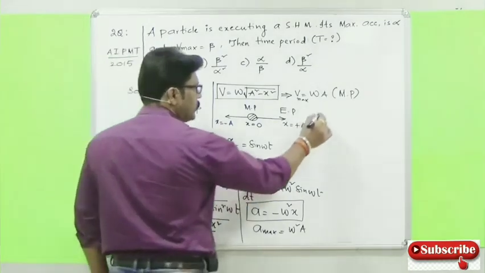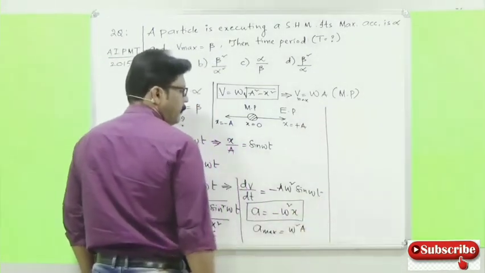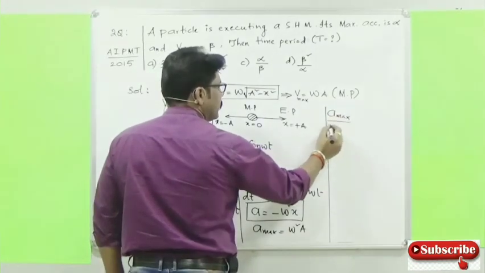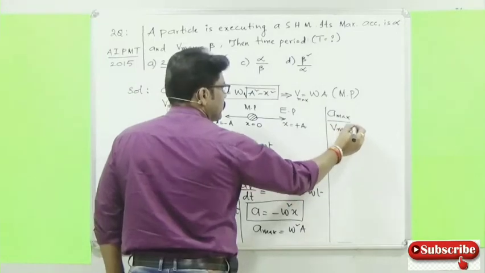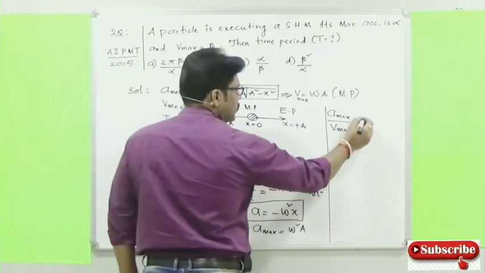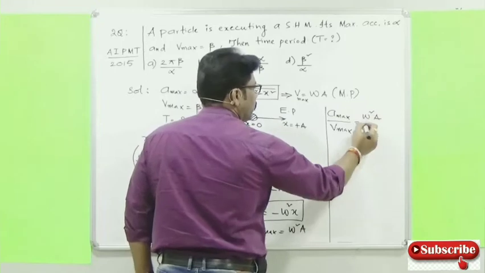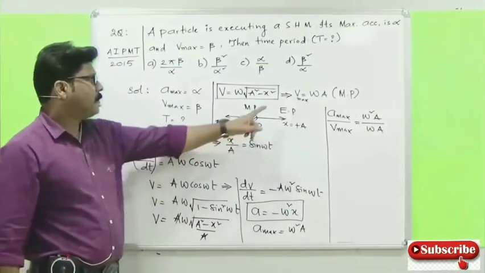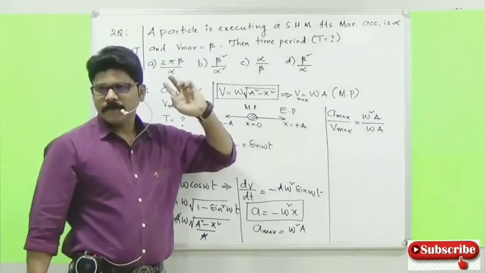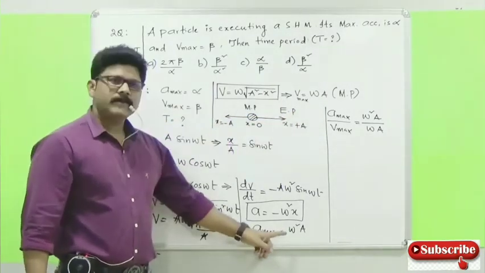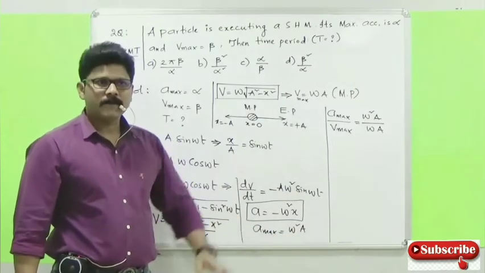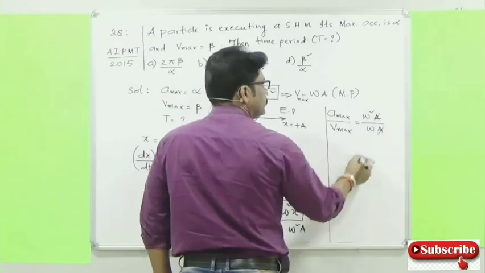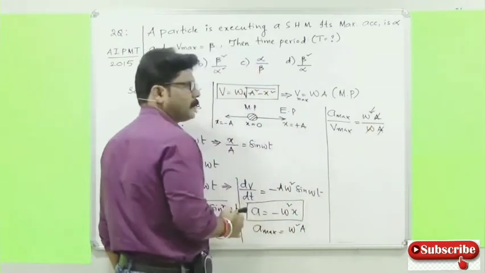If I divide both the equations, A maximum by V maximum: A maximum is omega square into A divided by omega into A. V maximum is omega into A, and A maximum is omega square into A. You substitute, then these two cancel, and one omega is left over.